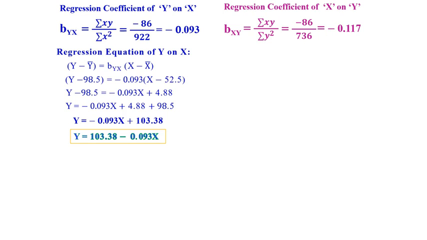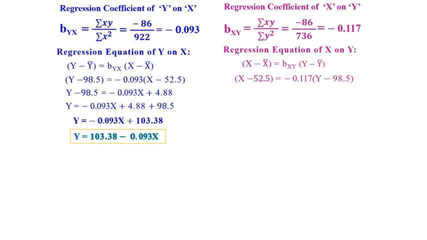Formally it can be written like this, y equals a plus bx form. Next, similarly find out the regression equation of x on y. So x minus x bar equals bxy into y minus y bar. Substitute the values. Minus into minus is plus, so it will be 0.117 into 98.5, minus into minus becomes plus. Remember this mathematics a little.